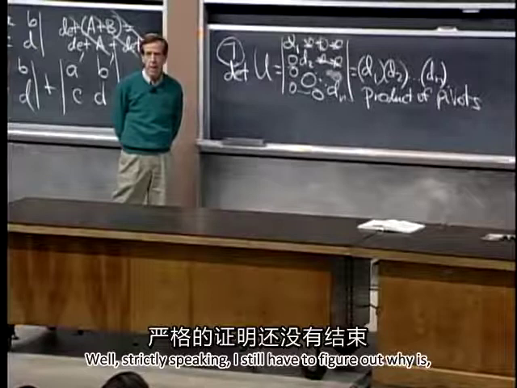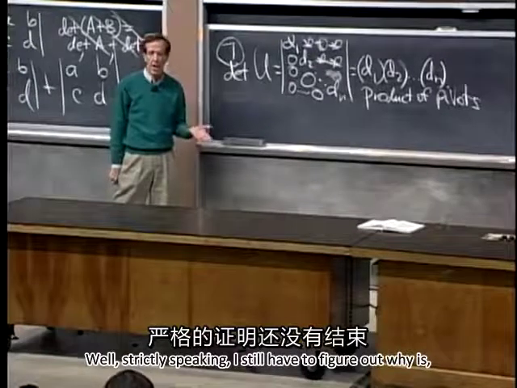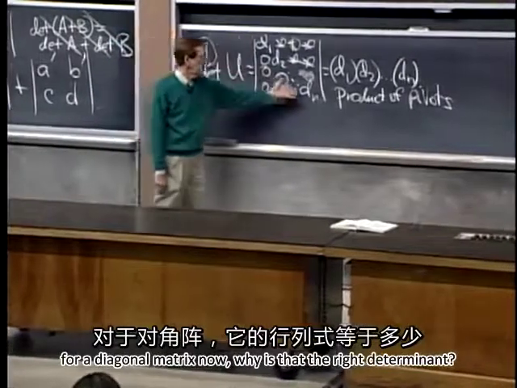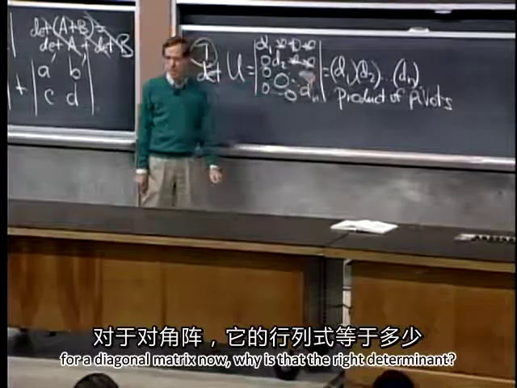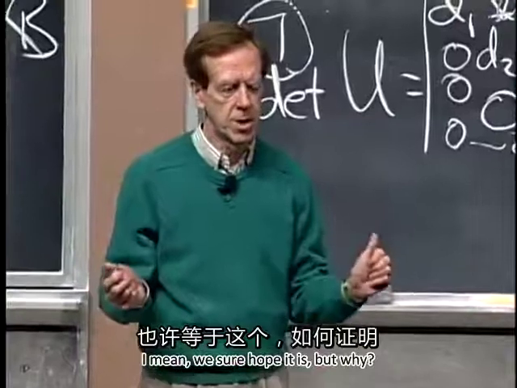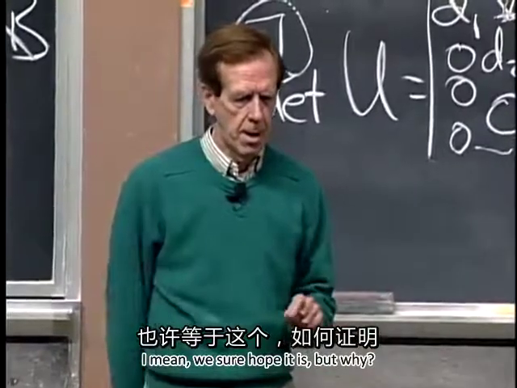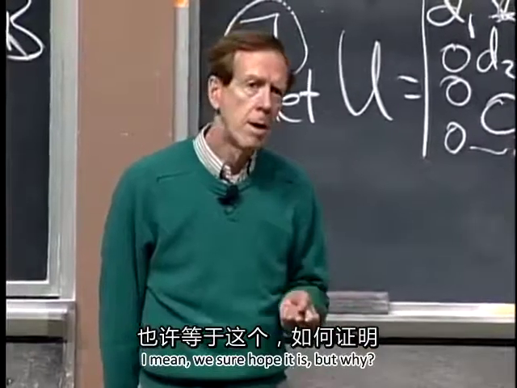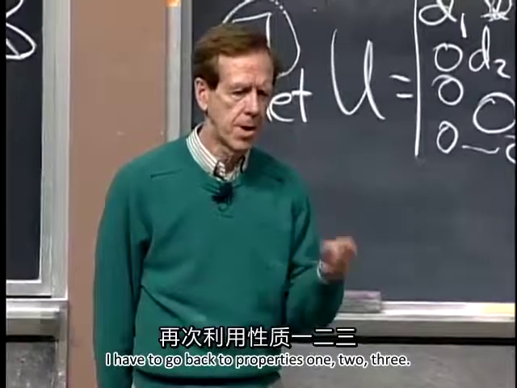Well, strictly speaking, I still have to figure out why, for a diagonal matrix now, that is the right determinant. I mean, we sure hope it is, but why? I have to go back to properties 1, 2, 3.